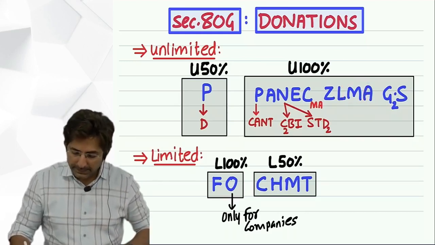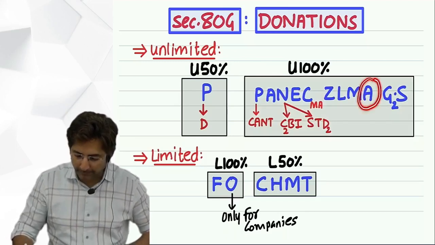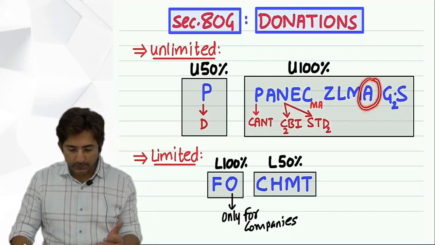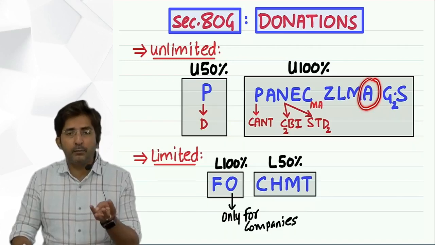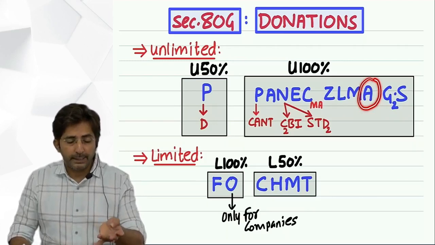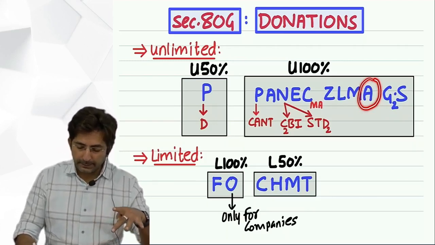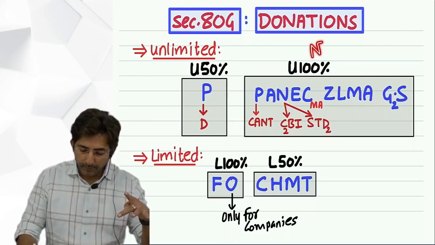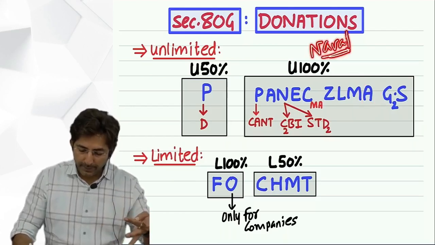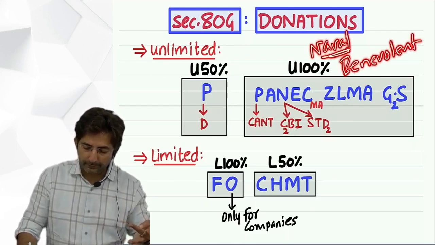Then A stands for Army, Air Force, Navy. Actually there are three donations. One is called Army Central Welfare Fund, Air Force Central Welfare Fund, then Indian Naval Benevolent Fund. Naval means related to Navy, and benevolent means for the benefit of Indian Navy.